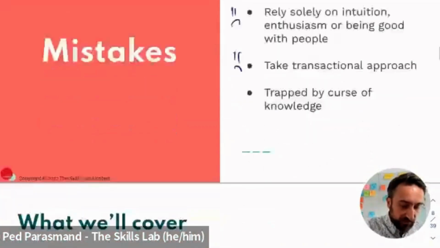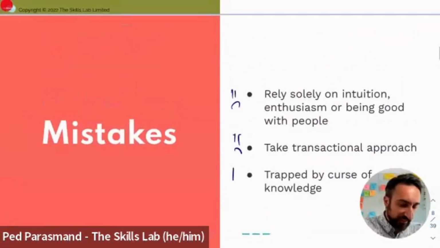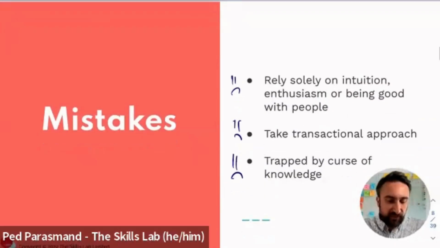And the final mistake I see here is being trapped by the curse of knowledge. Now, I don't know if you've come across this cognitive bias in the past. It's where we assume that other people have the same background knowledge as we do, and we find it hard when other people don't just get it, even when we've explained it to them.